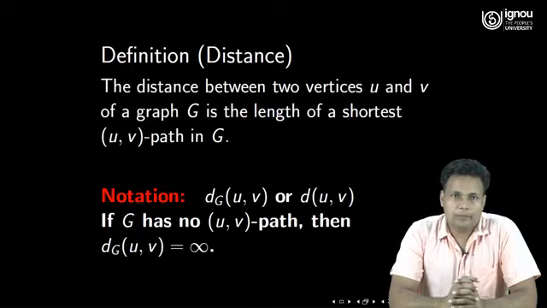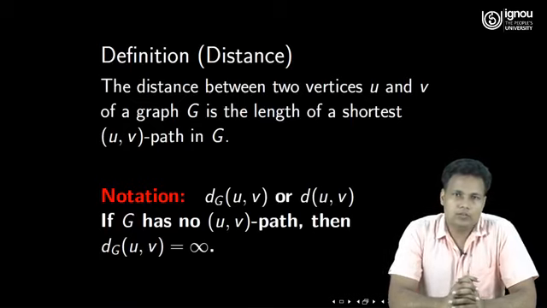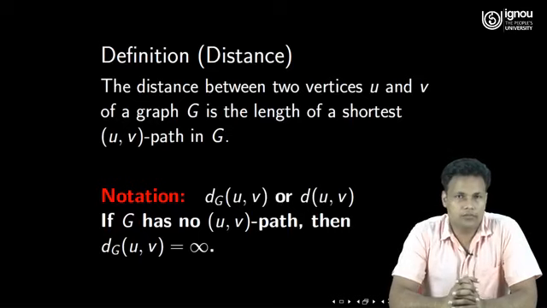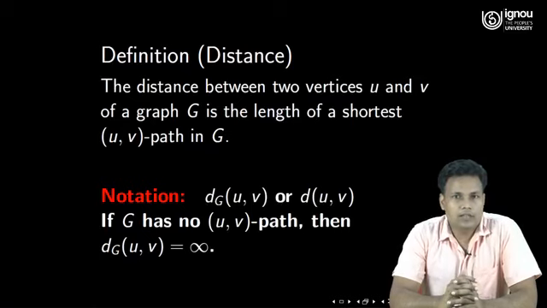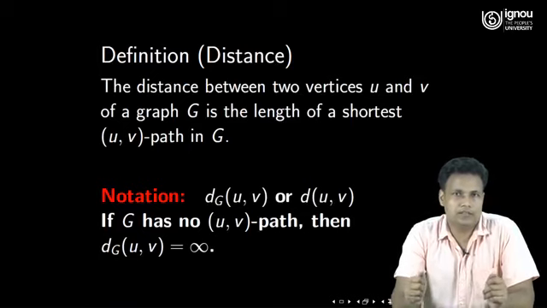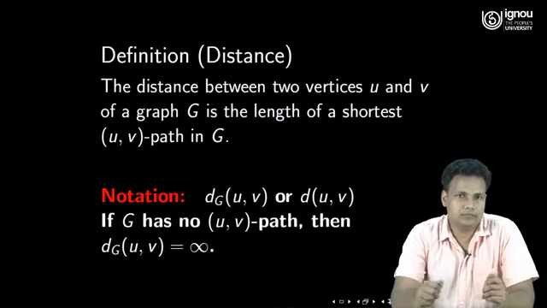Suppose you have two vertices u and v which lie in distinct components. That means there is no path connecting u and v, and hence in that case we shall write the distance between u and v to be infinity. That means they are at infinite distance from each other.